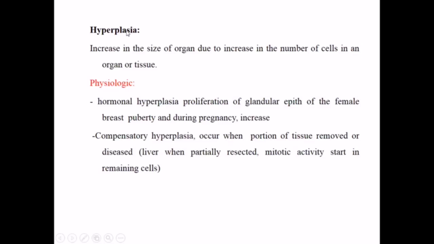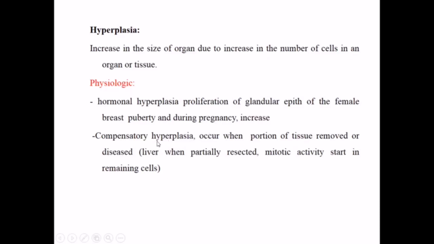Hyperplasia means increase in size of organ due to an increase in the number of cells. It can be physiologic or pathologic. Physiologic, like hormonal hyperplasia, proliferation of glandular epithelium, like in female breasts during pregnancy.